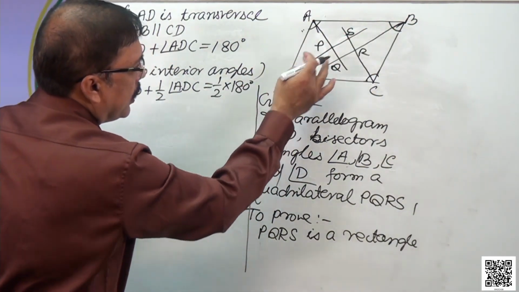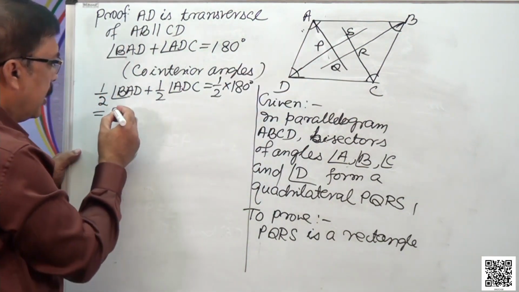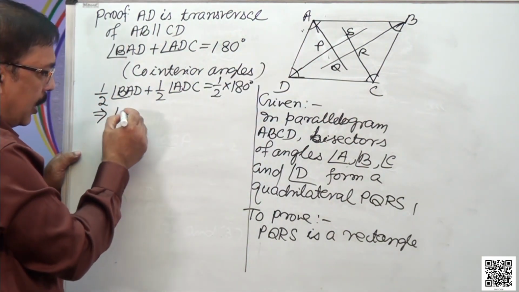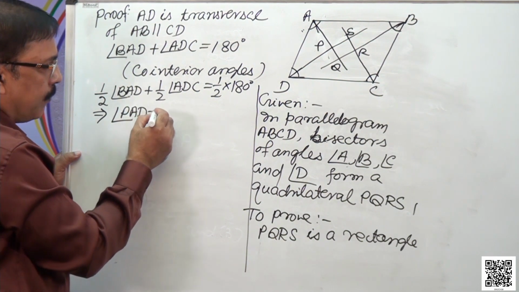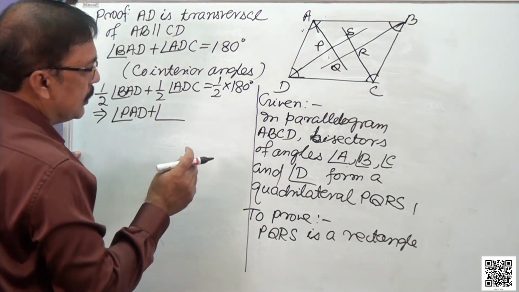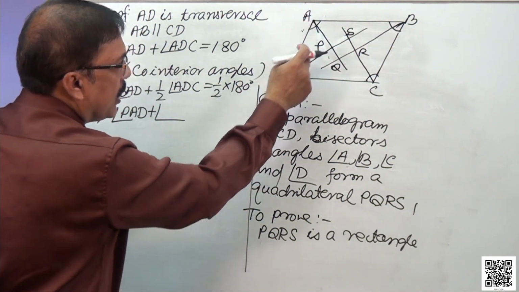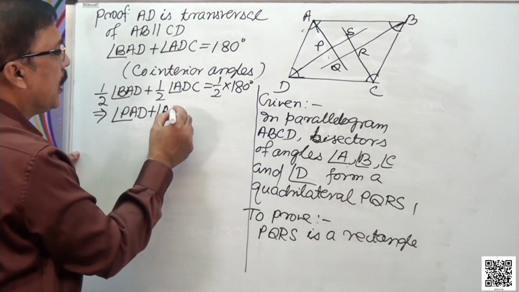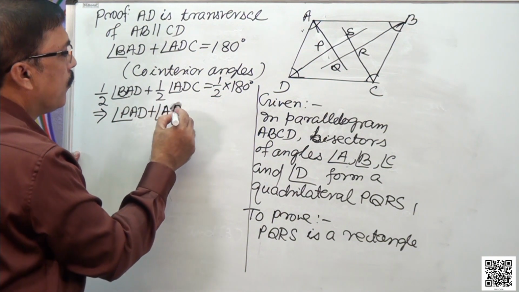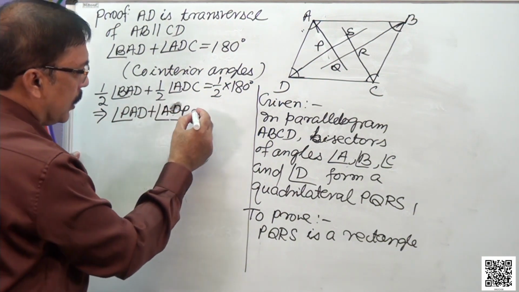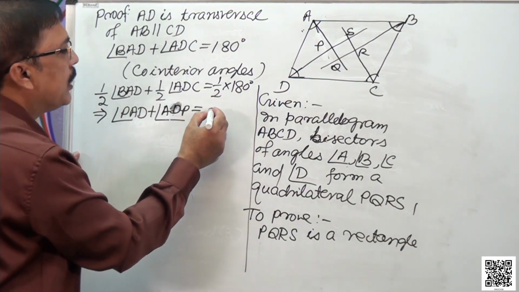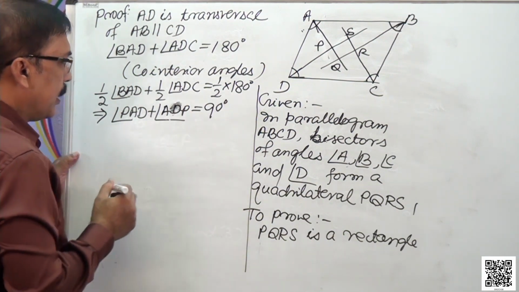Half BAD is the same as PAD. So angle PAD plus angle ADP, similarly half ADC can be written as ADP. This is equal to half of 180 degrees, which is 90 degrees.